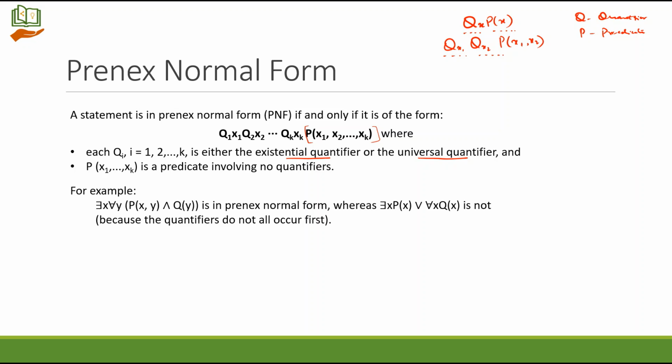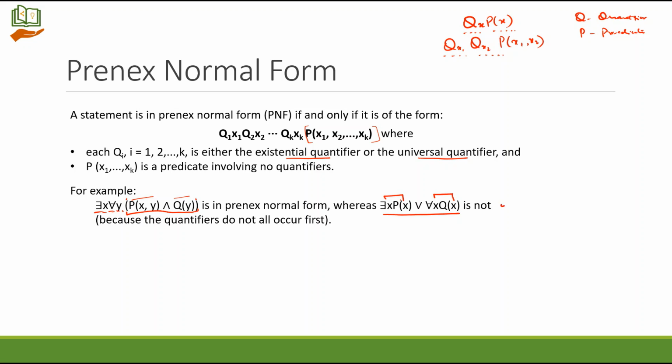Now let's see an example. We have there is an x for all y. It is in Prenex form. Why? Because all the quantification has been applied before getting into the predicate expression. But let's take this particular expression here. For this predicate we have a particular quantifier, and for this predicate we have a particular quantifier.